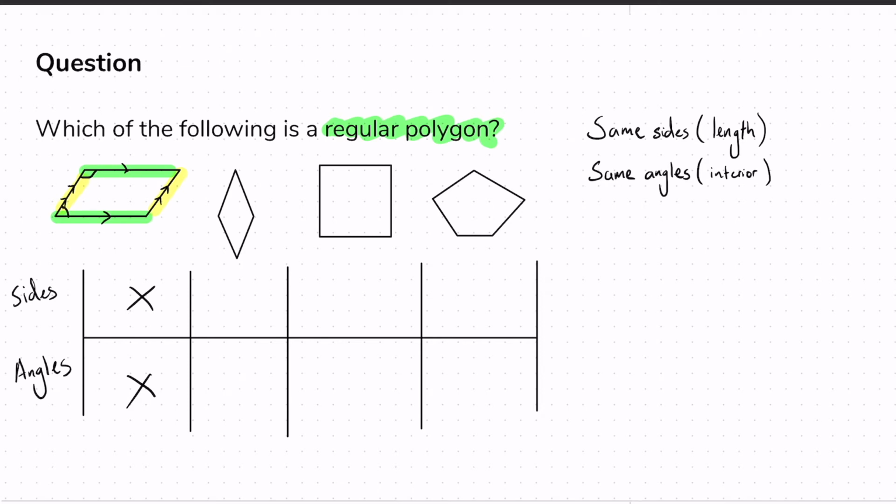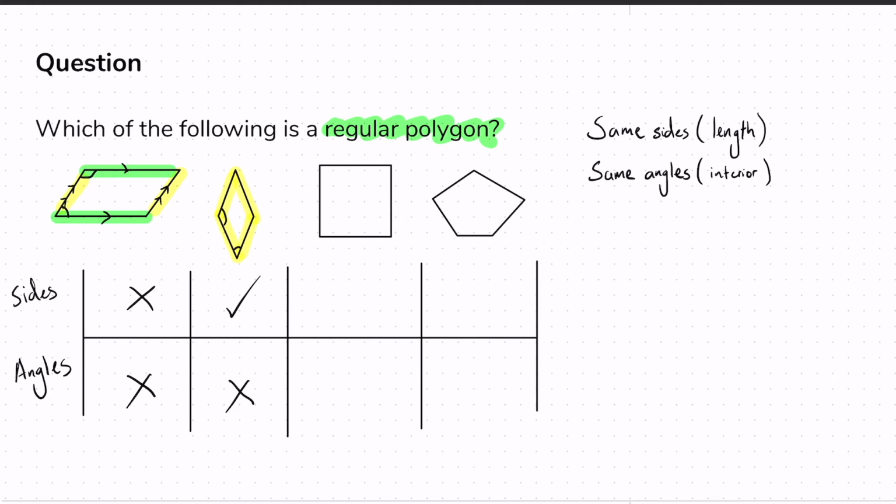This second shape, the one that looks like a diamond, seems to have the same length of side. So at least where that's concerned, we get a tick. But the problem is that this angle is definitely smaller than this angle. So same sides, but not the same angle.